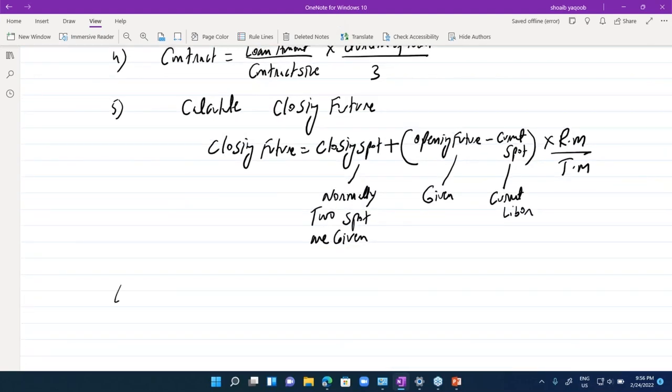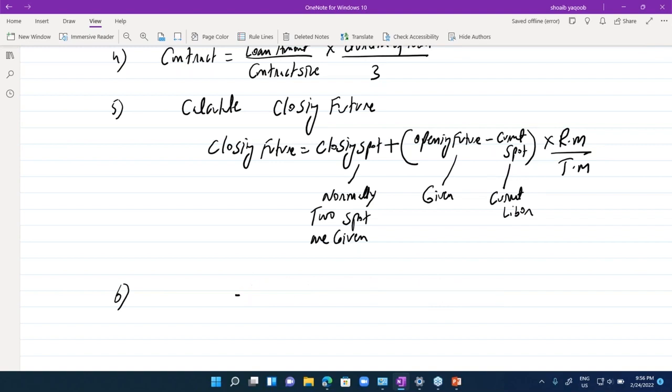And once you have the closing future, compare opening and closing future, and calculate gain loss.